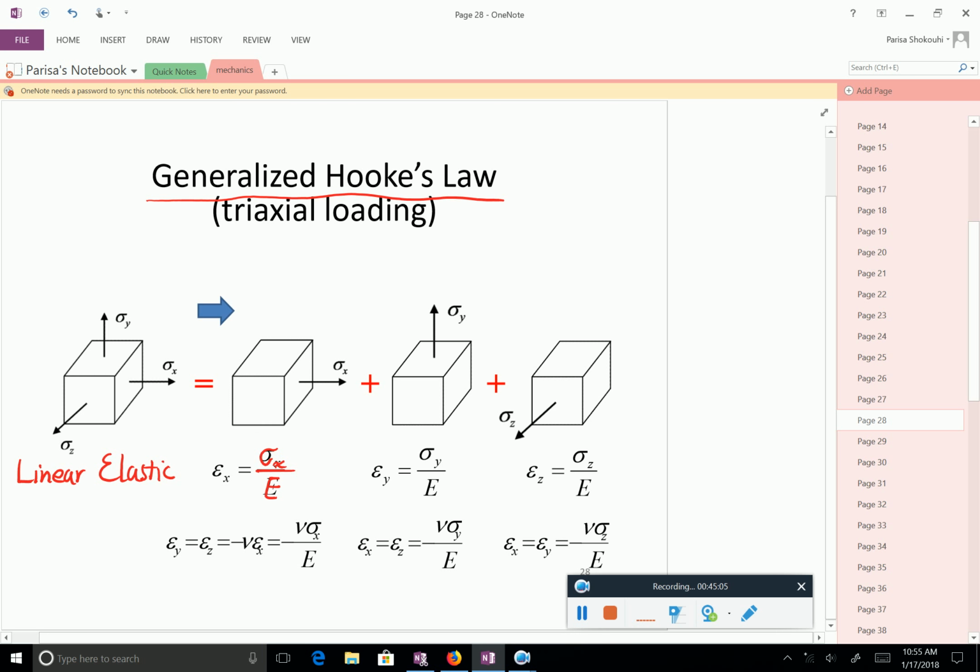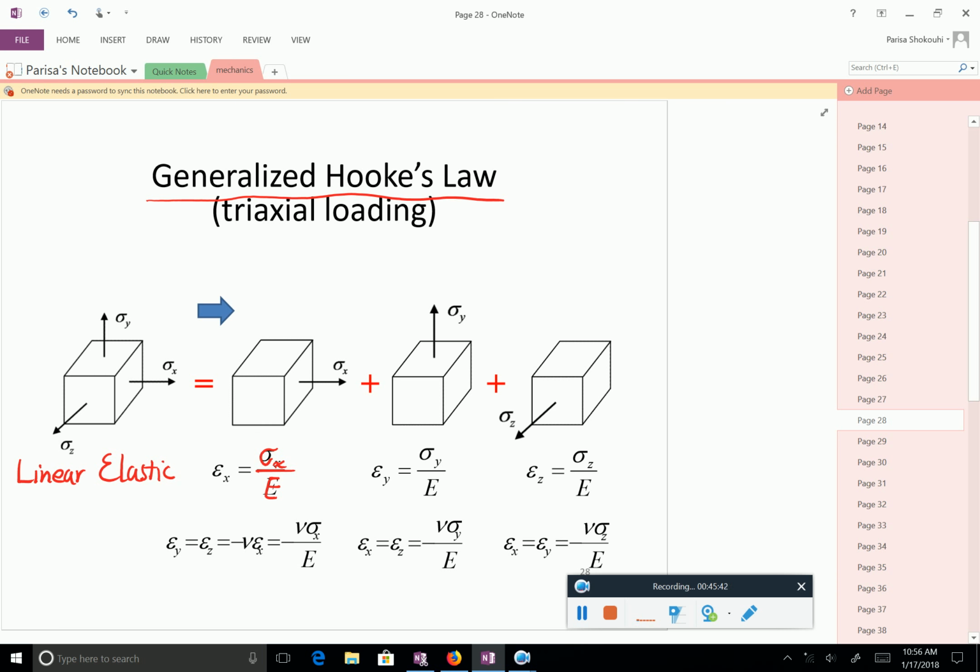That's by definition. We can write this for all three directions similarly. If we have a stress in one direction, we know how to get a strain, and the strains in the other two directions are related to it through Poisson's ratio.